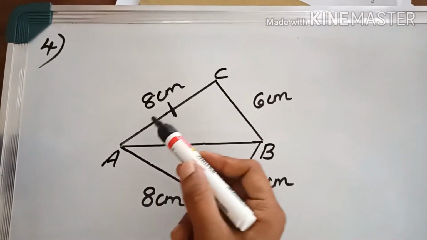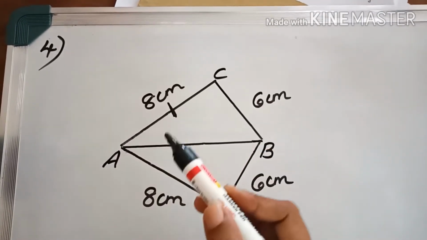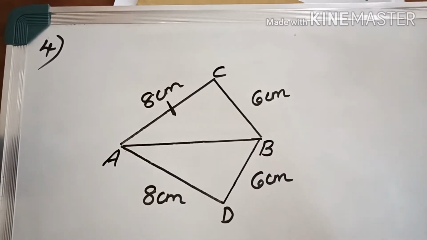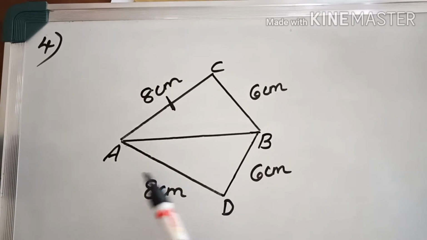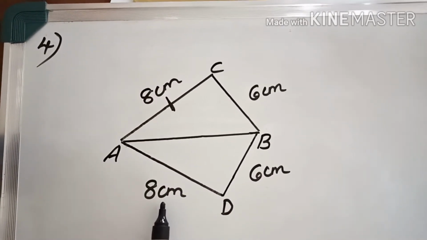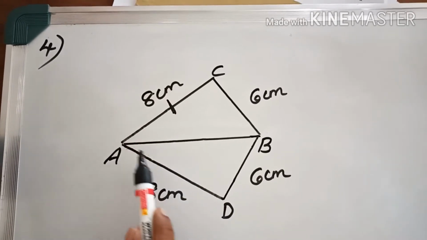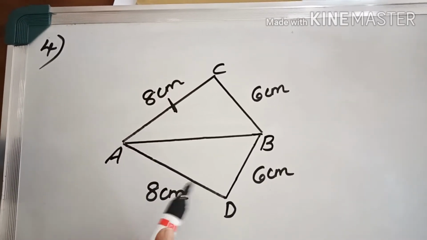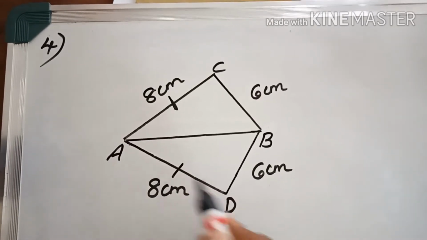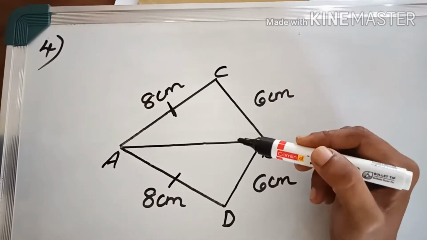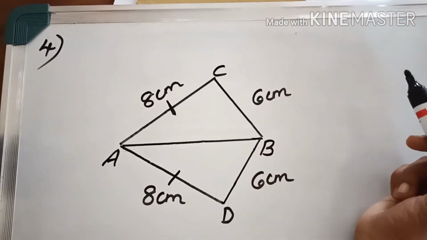Now check whether 8 centimeter is in the second triangle or not. You can see 8 centimeter is here in the second triangle, triangle ABD, also, that is this side. So we can mark this as the first side. That means one side is equal for these two triangles.